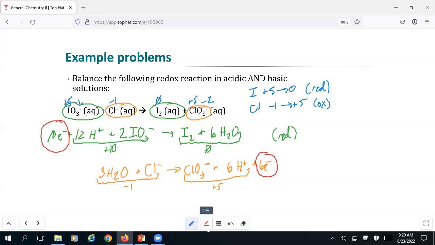And so if I make the top reaction 60 electrons and the bottom 60 electrons, that would take care of the problem. Issue in this particular case is that there is a lower common multiple than 60, and that number is in fact 30.